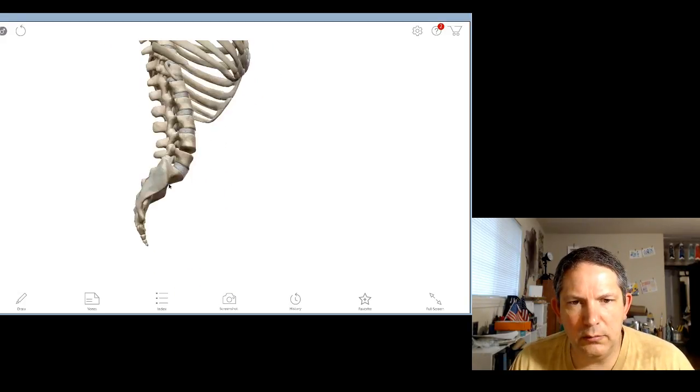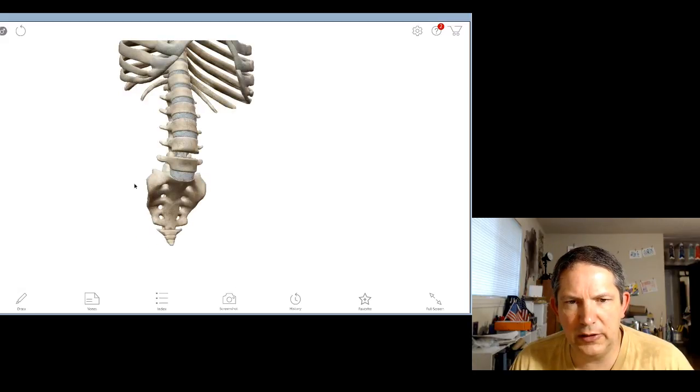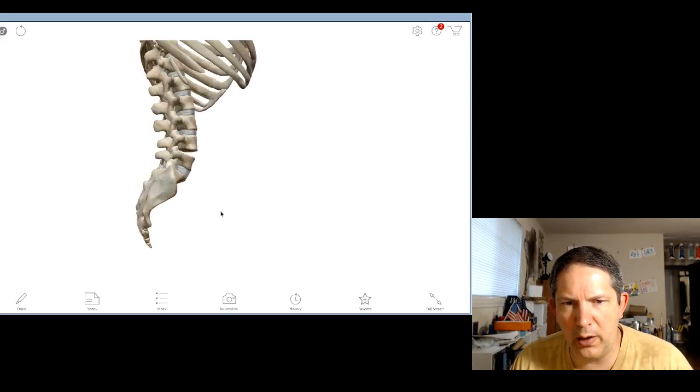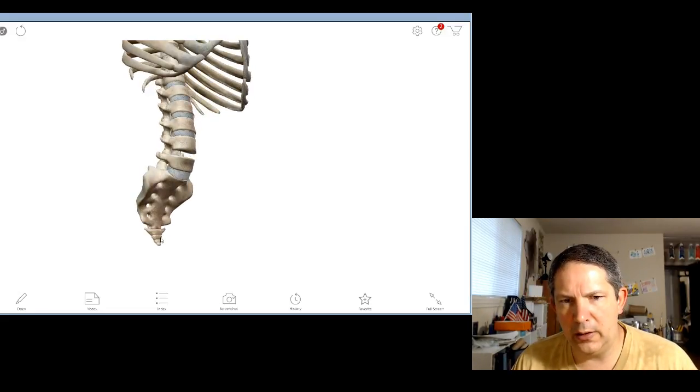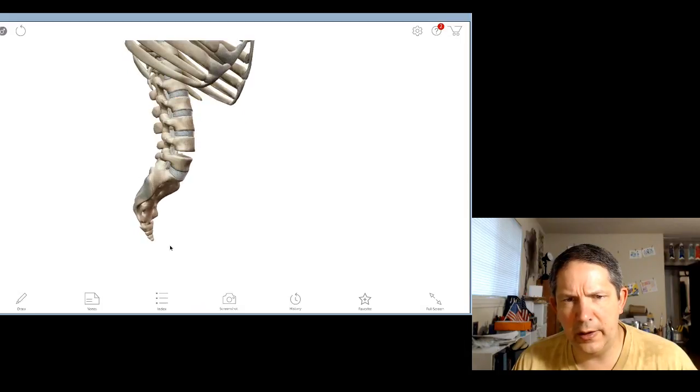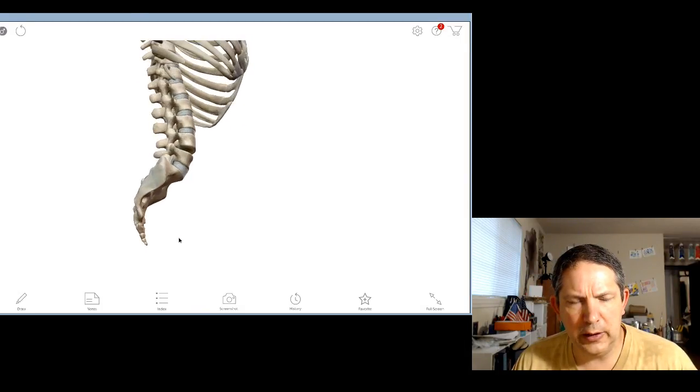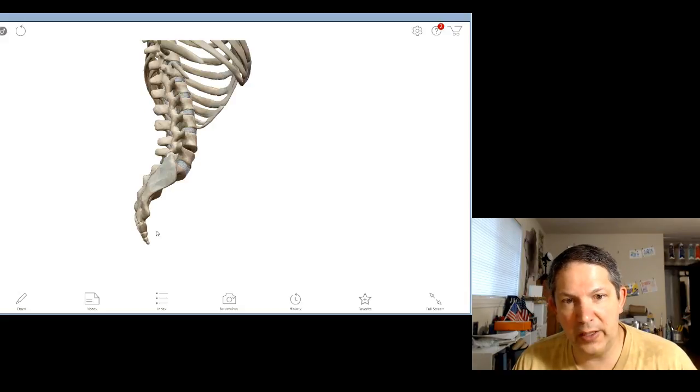Okay, nothing to say about the sacrum except that it's forming part of the pelvic girdle, but it's included here because it is vertebrae. And the coccyx sometimes gets injured, and ouch, that really hurts. Sometimes it breaks during childbirth.